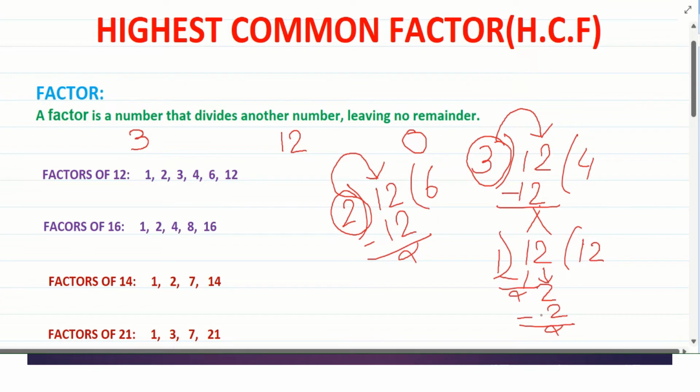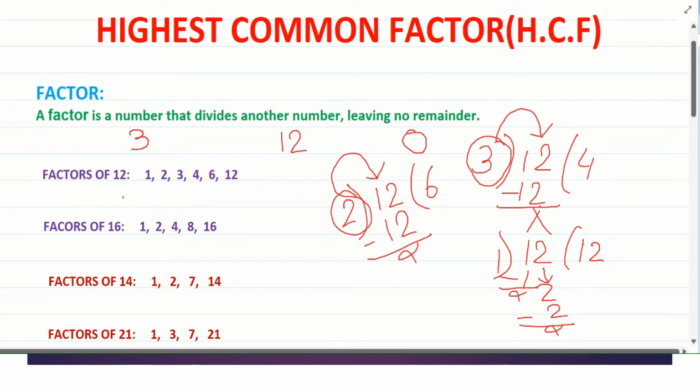So again the remainder comes 0, means nothing. So 1 is a factor of 12. Similarly 2 is also a factor of 12 because when 2 divides 12 the remainder comes 0. Similarly 3. When 3 divides 12 the remainder comes 0.